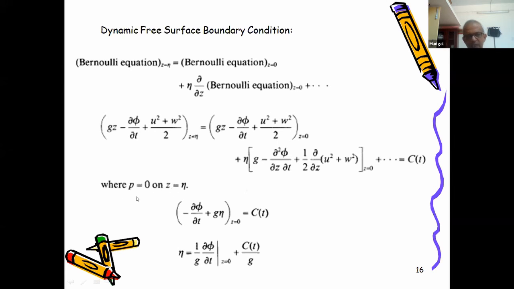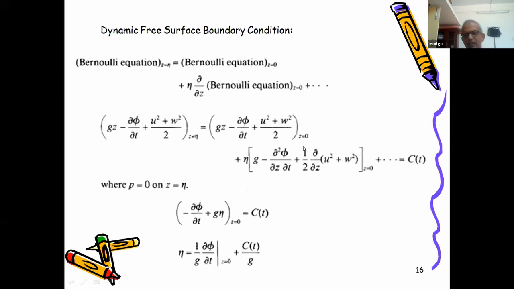So when you substitute that, the p by rho term would have been there, so that goes off. Here, when you substitute z equal to 0, this term is 0, then you have minus del phi by del t that remains, and u and v are very small values at z equal to 0, so this gets neglected, and the next term is g into eta.